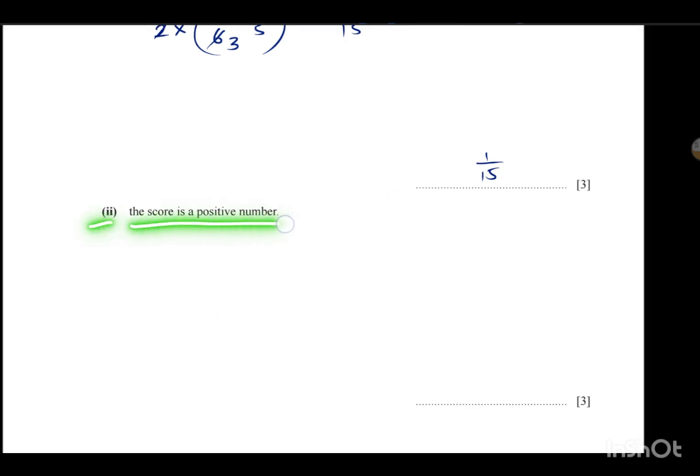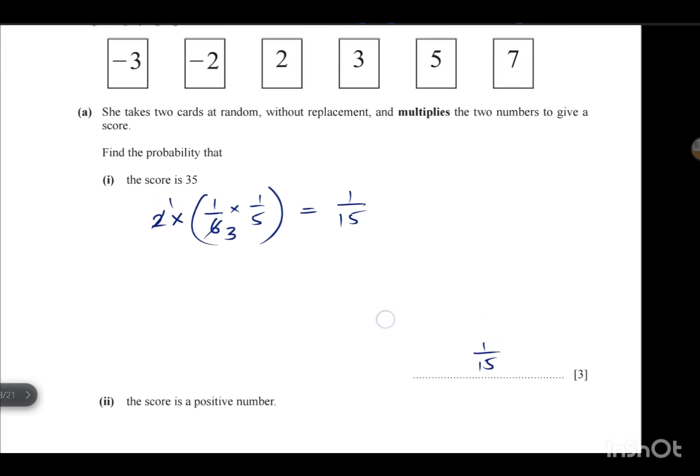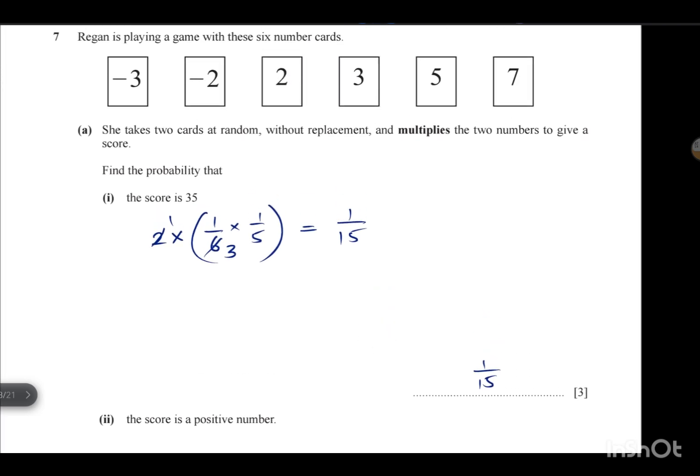Question 2, the score is a positive number. To get a positive number, here we have 4 positive numbers and 2 negative numbers. If both cards are positive, you get a positive number. And if both cards are negative, you also get a positive number. So instead of taking the positive case, let us take the negative case.